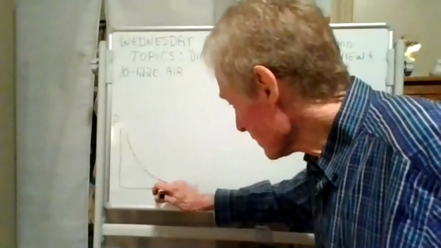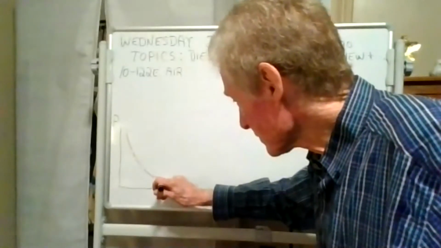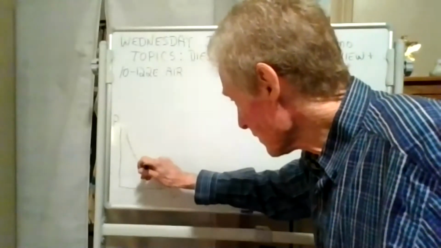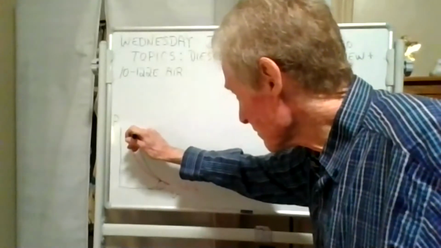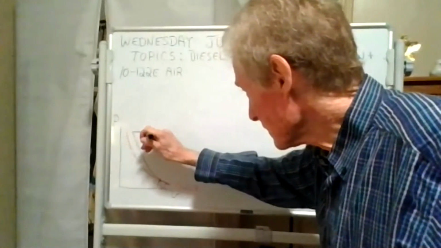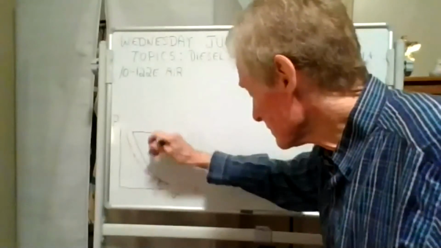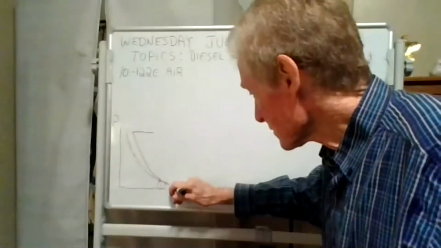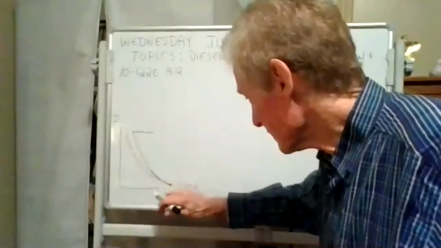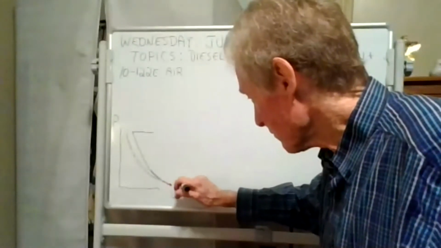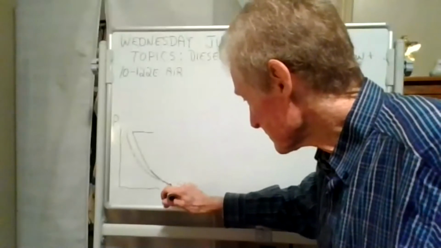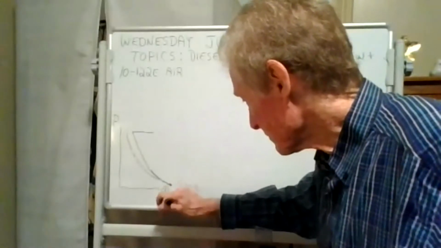Well, we know the diesel cycle has an adiabat like so, and then an isobar. Here, let's put this state one more down here. There's state one down there.